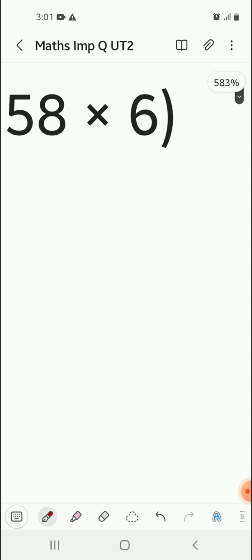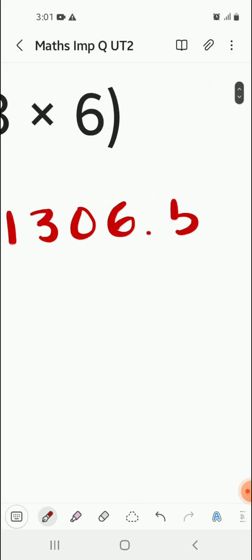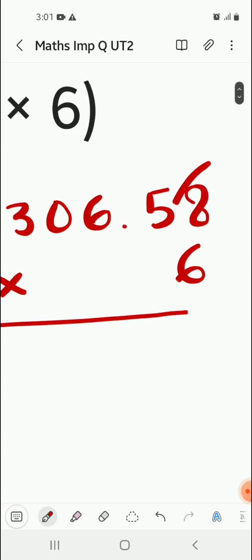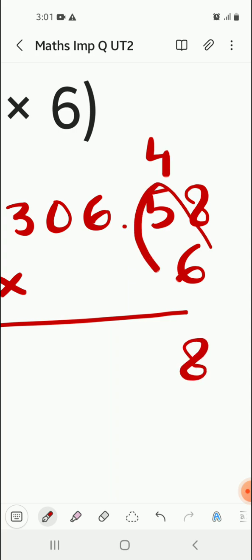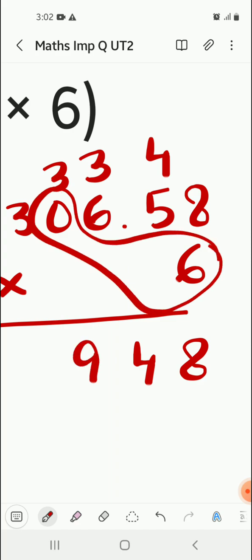So 1306.58 into 6. We get here 6 8s are 48, 5 6s are 30 plus 4, 34, 6 6s are 36 plus 3, 39. 6 zeros are 0, and then we have got 3, so it is only 3.